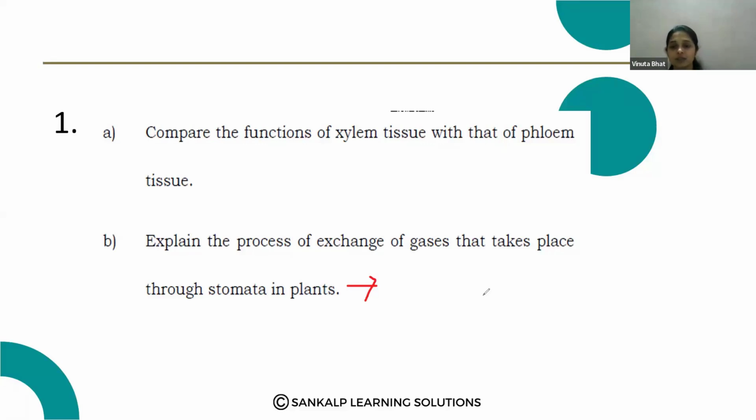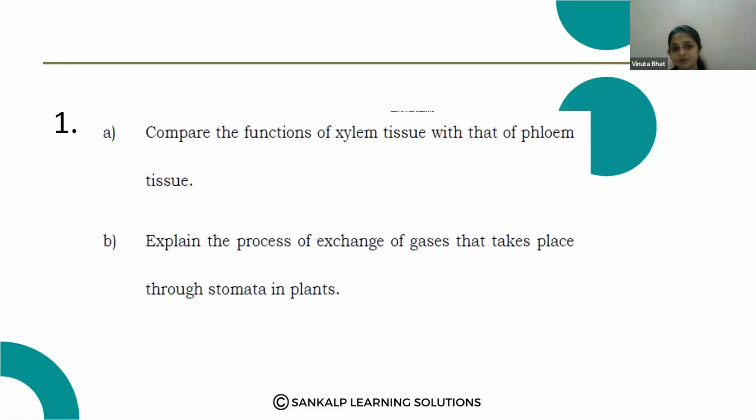During the respiration, carbon dioxide is removed from the plants and oxygen is taken inside. If there is any scarcity of water, sometimes the stomata is closed by the guard cells. Guard cells close the stomata. Okay, so like that, the exchange of the gases takes place.